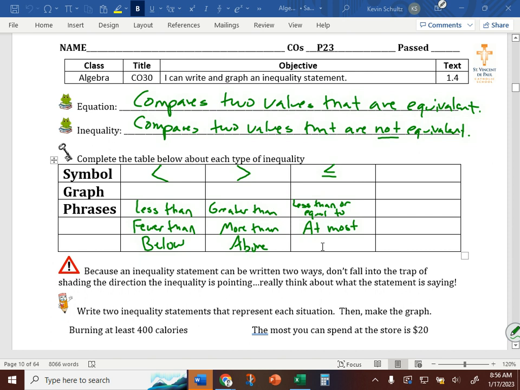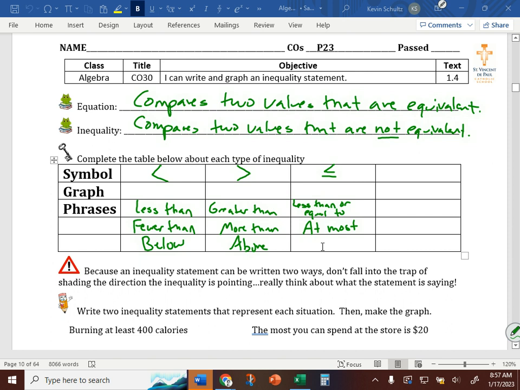Okay? The most you can bring to Valley Fair is $20. Can you bring exactly 20? Yes. Different than if I said you could bring below 20, right? If I said you have to bring below 20, can you bring 20? No. But that phrase at most, that includes that $20 kind of reference point there.